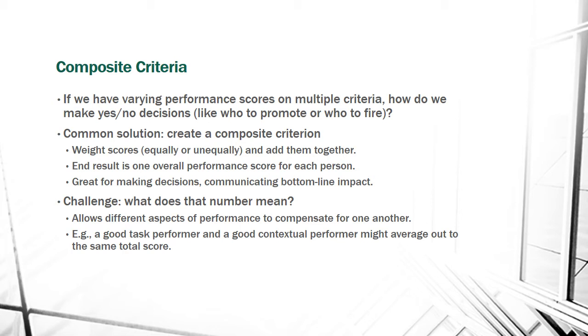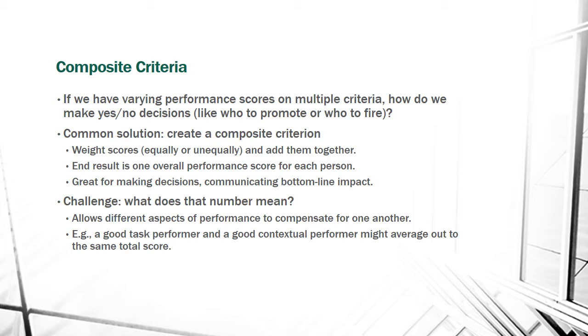As we were just discussing on the last slide, sometimes performance aspects compensate for one another. So it's possible for people who both have fairly high scores on a composite criterion to have gotten there in different ways. So when we just look at our composite criteria, we don't necessarily know why somebody got the score they did. Did they get it because they were really good at task performance?